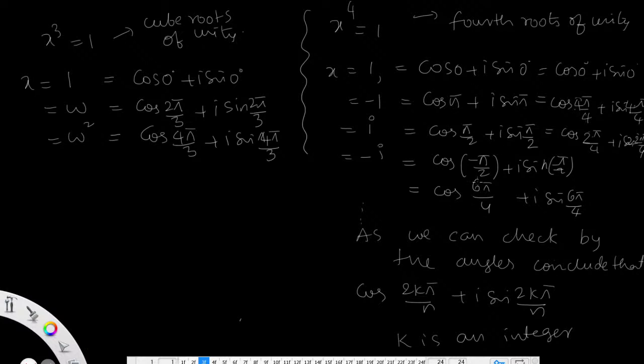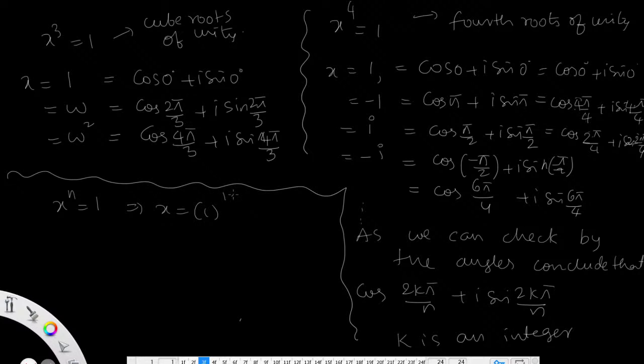These are 2π/4, 4π/4, 6π/4, all multiples of 2. So we generalize that cos(2kπ/n) + i sin(2kπ/n), where k is an integer, gives the solutions of x^n = 1, that is x = 1^(1/n).